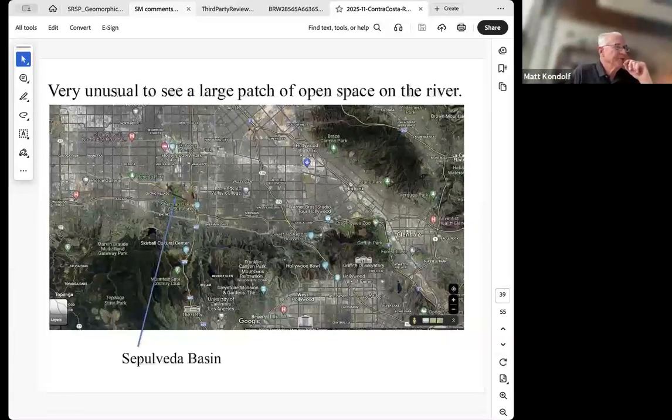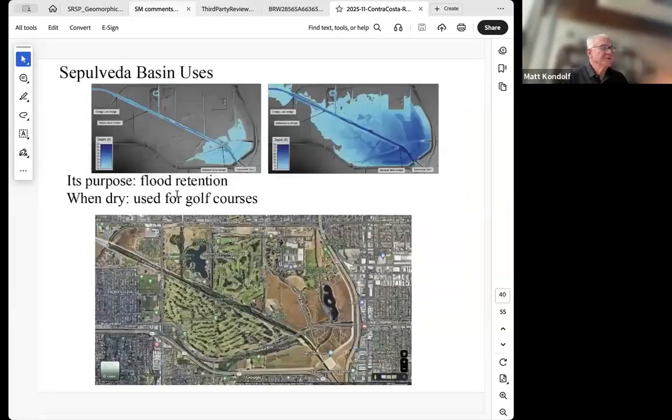And again, here's Sepulveda Basin in its context. So it's quite an amazing patch of green for this urban area. It was built by the Corps of Engineers to detain floodwaters. And this is how it performs during floods.